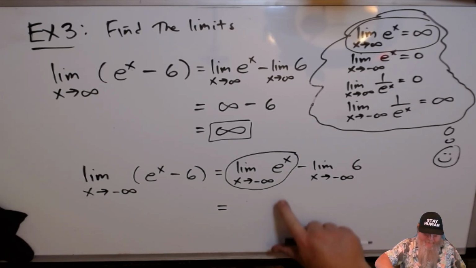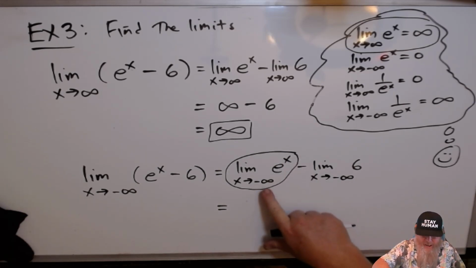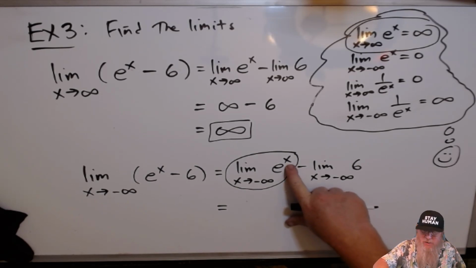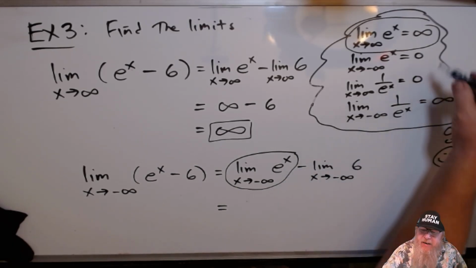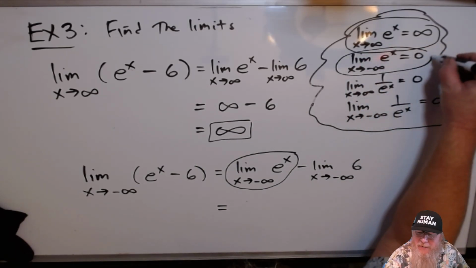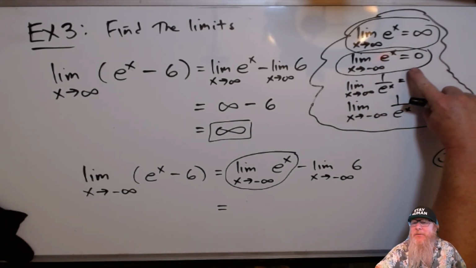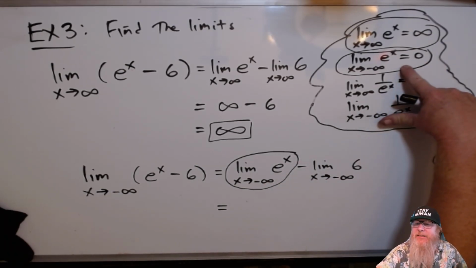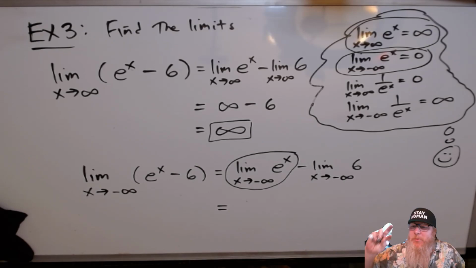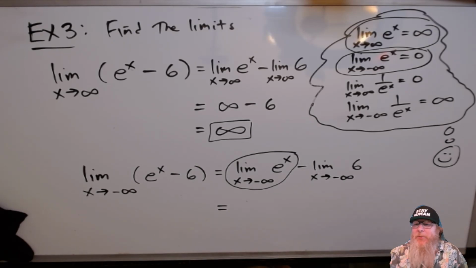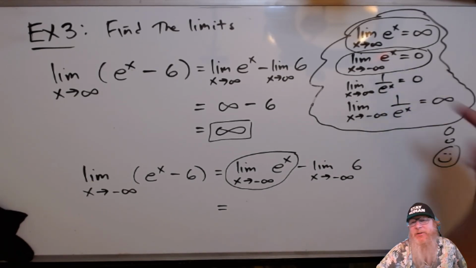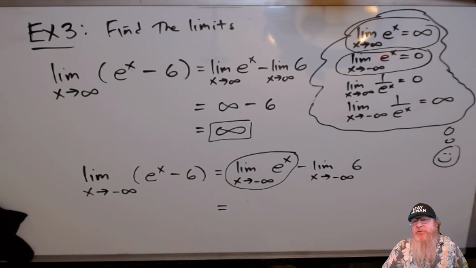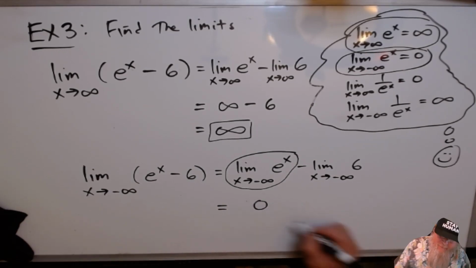I could do the switch where I change that to infinity and then I change that to negative x, right? But I don't have to if I already know the result. So I already know the result. The limit as x goes to negative infinity of e^x is just 0. So the switch that I did was really only to develop the result. Once I have the result, I don't have to draw it from scratch every time. So that becomes 0.